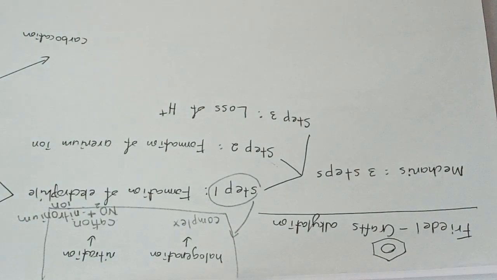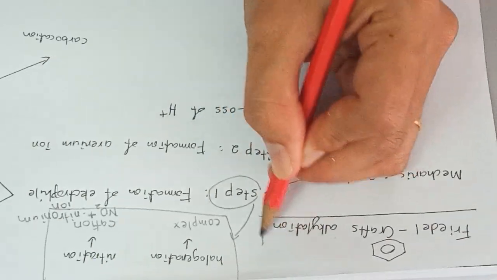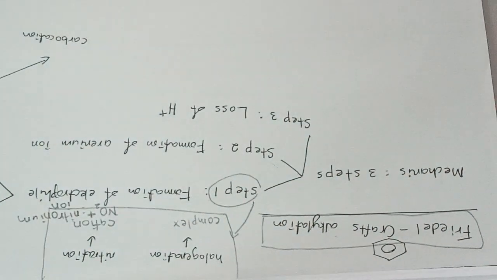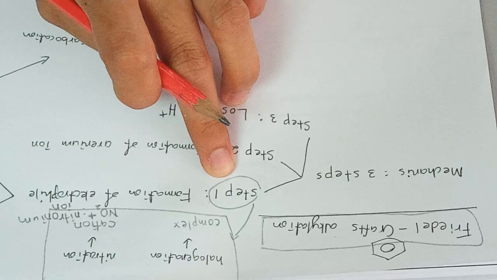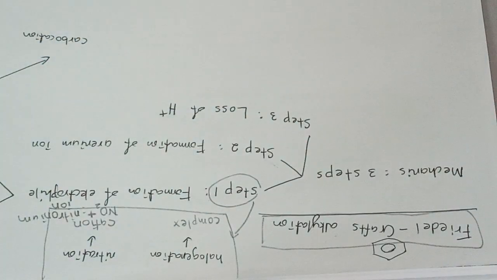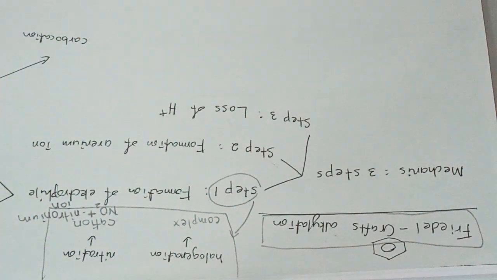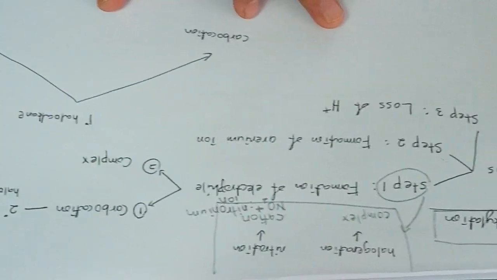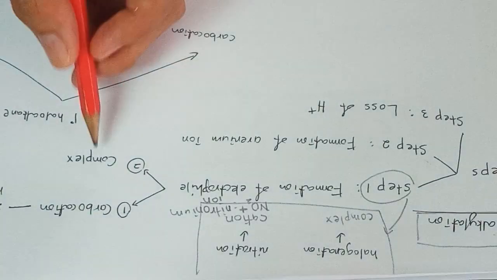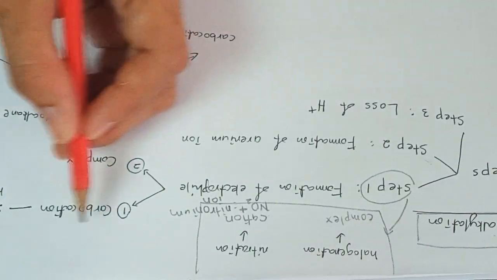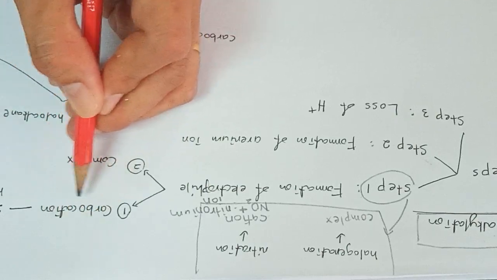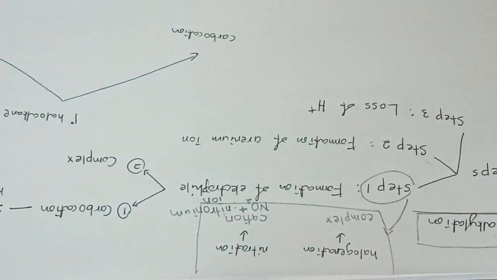Okay, therefore, for Friedel-Crafts alkylation, this reaction is quite special because in step 1, we have both types of the electrophile that can be formed. Where we can form both the carbocation and the complex. Here in Friedel-Crafts alkylation, the cation is in the form of carbocation because we have a carbon that has the positive charge.